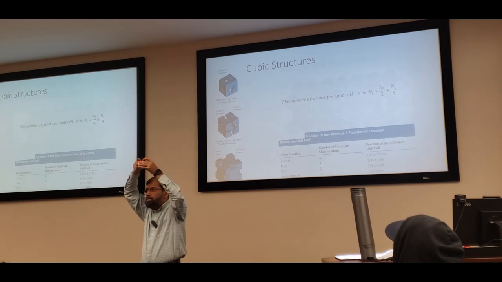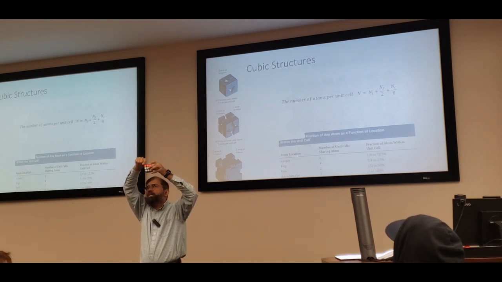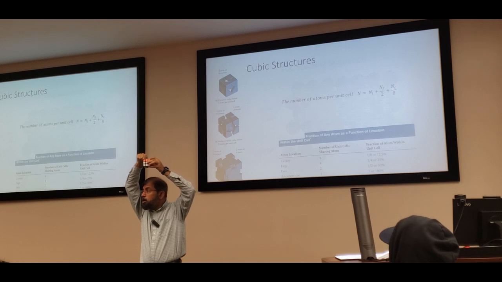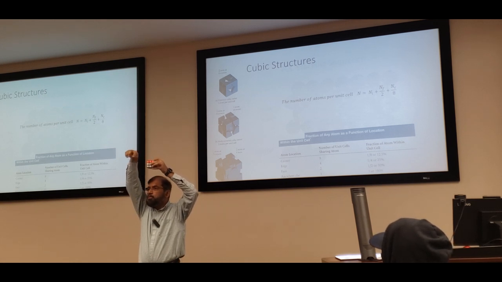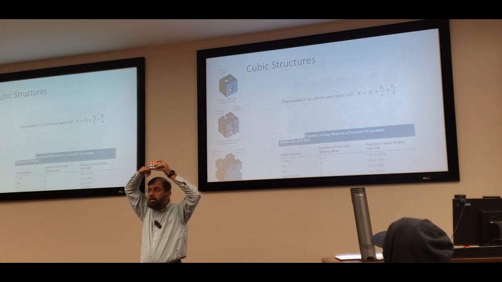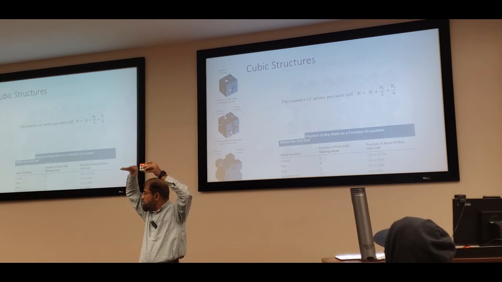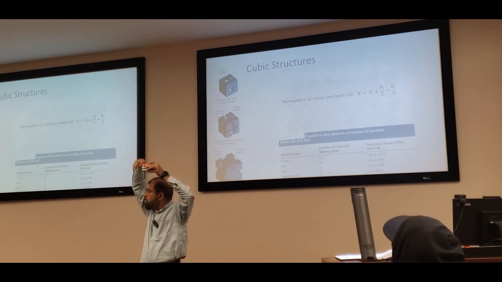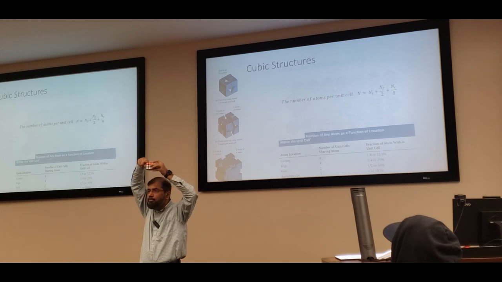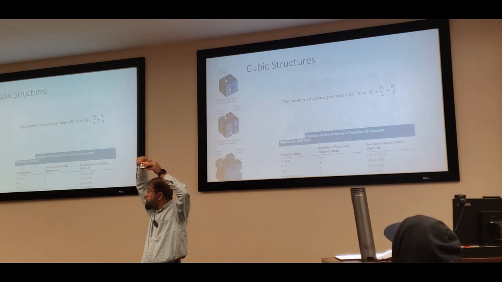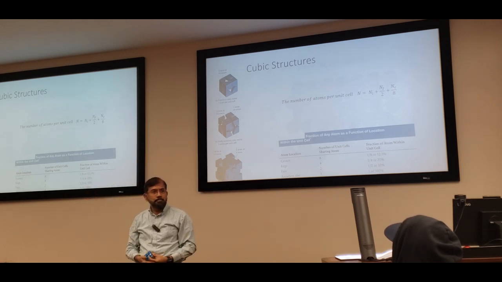So we are considering this atom, okay? This corner. 4 unit cells here, agree? In the same plane, and 4 unit cells on top. So it's going to be shared between how many unit cells? 8.